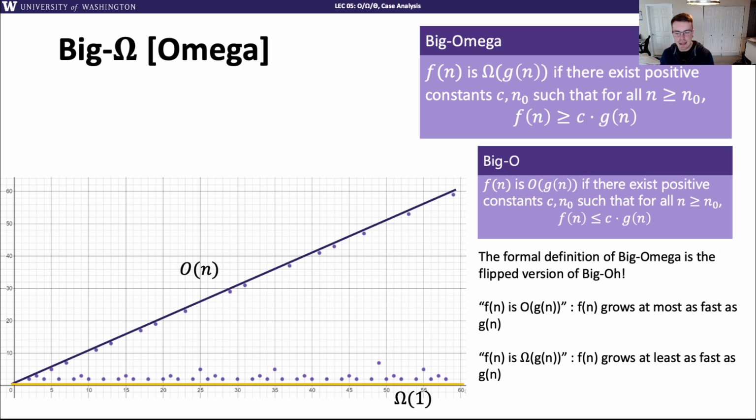And so you can see here that you can lower bound this function by a constant. You could say it's big omega of 1, because sometimes it's going to take constant work. So it's going to be constant work or above. That's what big omega statements are saying. You're saying it's going to take at least this much work. It is a lower bound, while big O says it's going to take at most this much work. It is an upper bound.